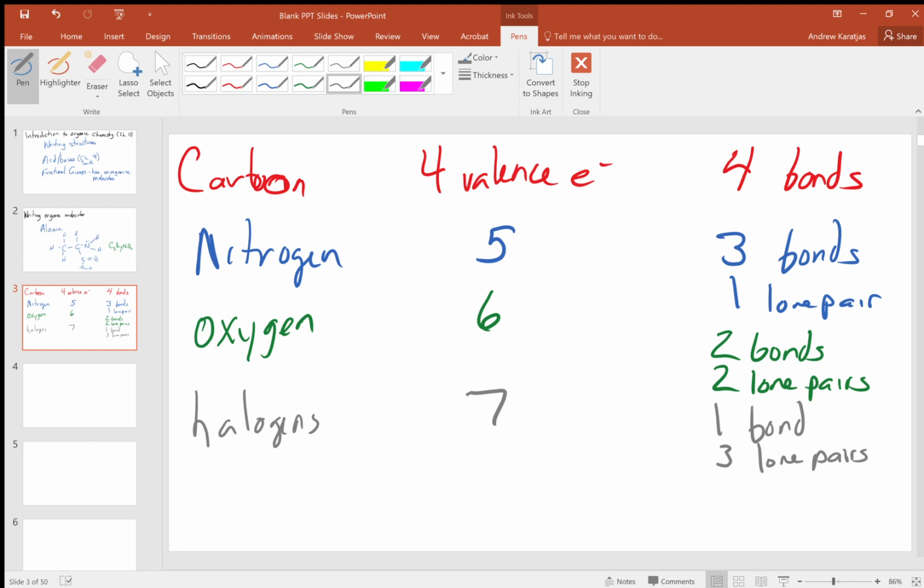Now you may remember you saw other examples in Foundations where a halogen had an extended octet and therefore extra electrons. Yes, those things happen, but we actually don't see a lot of that in organic chemistry. So for the most part, when we deal with halogens here, it's 1 bond and 3 lone pairs. And finally, hydrogen has 1 valence electron, but because its nearest noble gas is helium, it just forms 1 bond.